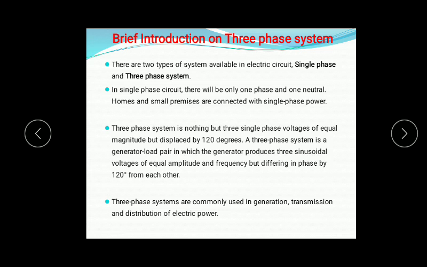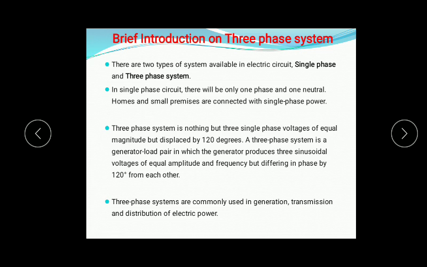Whereas the three-phase system is nothing but three single phase voltages. In a single phase system, we have one phase and one neutral, which is going to generate single phase voltage. But in a three-phase system, there are three single phase voltages of equal magnitude but displaced by 120 degree.